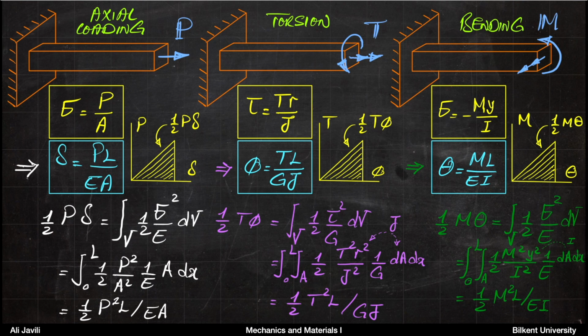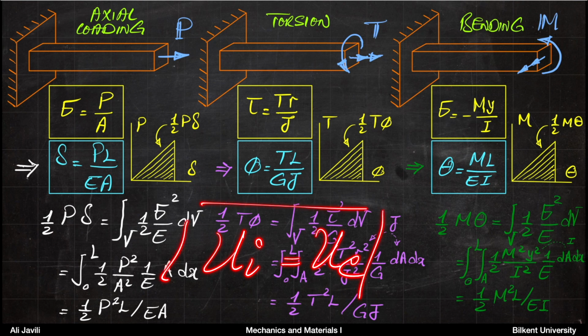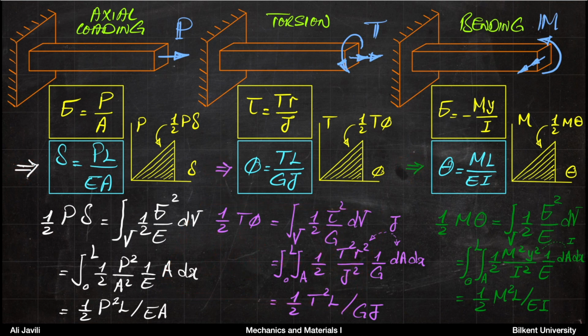Okay, so this is everything I wanted to tell you about using the equilibrium or the conservation of energy. So if you say U_I equals U_E, from that you can derive new equations in each case, which previously throughout the course we had seen, but we had obtained them through equilibrium of forces.